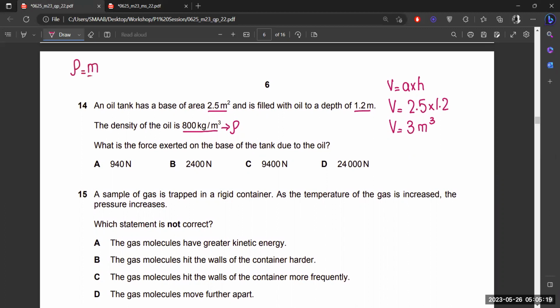So let's first calculate the mass, because with the help of mass we can easily calculate the force by using the formula W equals mg. So mass will be equal to density times volume, and density is equal to 800 multiplied by volume, that is 3. So we are getting 2400, right?